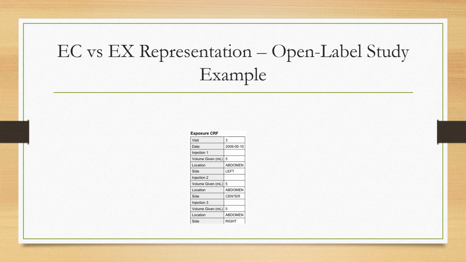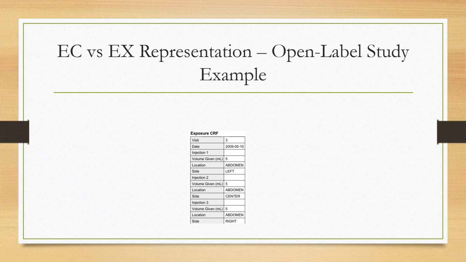And we have further information that 1 injection was given to the left side, another to the center and another on the right side. So in this way, through the 3 injections, 5 ml each, we are giving the subject 300 mg, or you can say 3 mg per kg of the study drug.